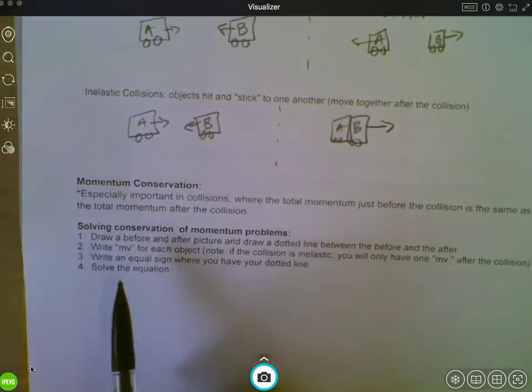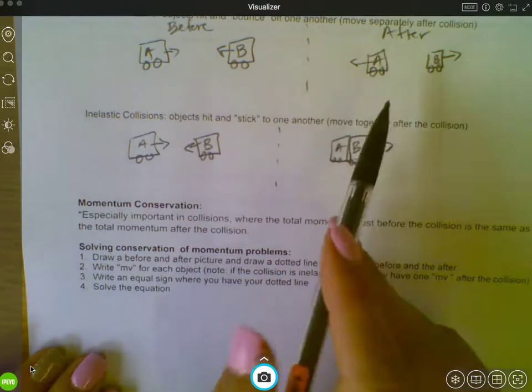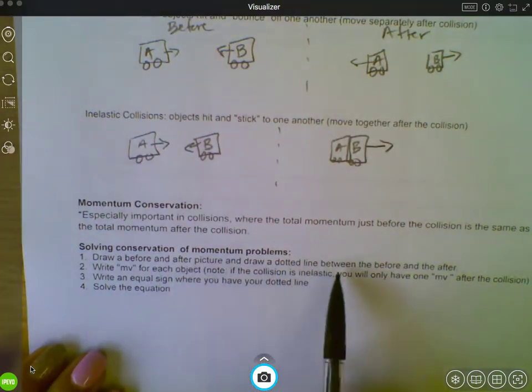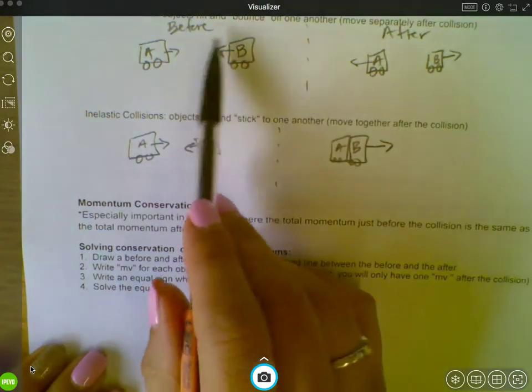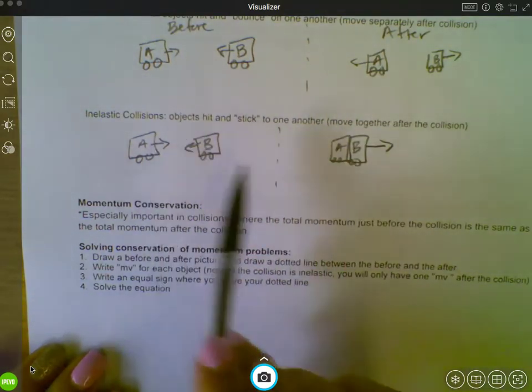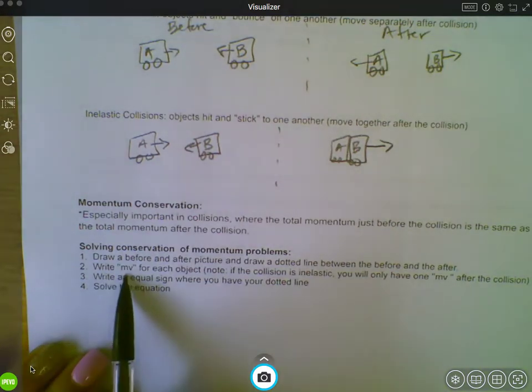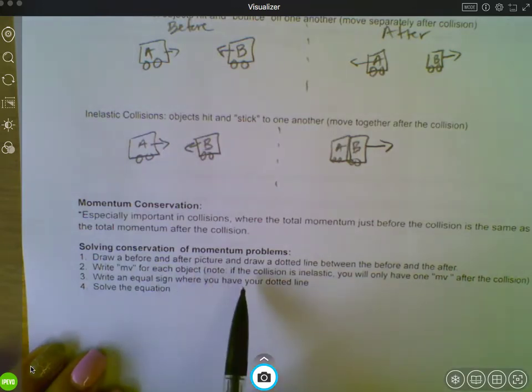Step 1, draw a before and after picture. They should look just like this. Draw a dotted line between the before and the after. I've done that here: before, dot, dot, dot, after. Same thing here. You're going to write mv, the momentum, for each object.